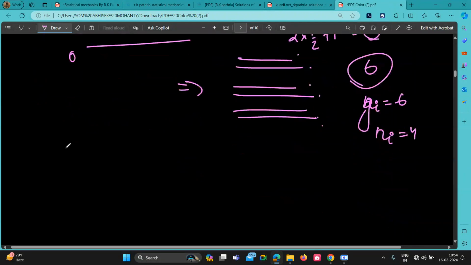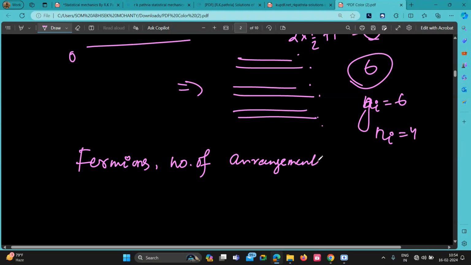So for fermions, number of arrangements is what? Number of arrangements is Gi C Ni. So Gi is your 6, Ni is your 4.